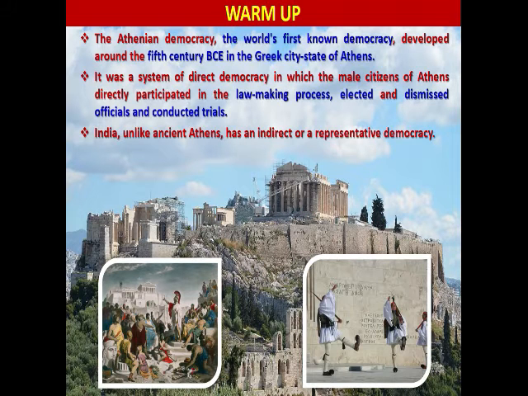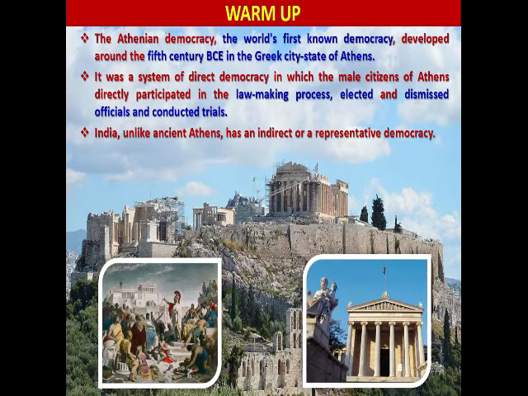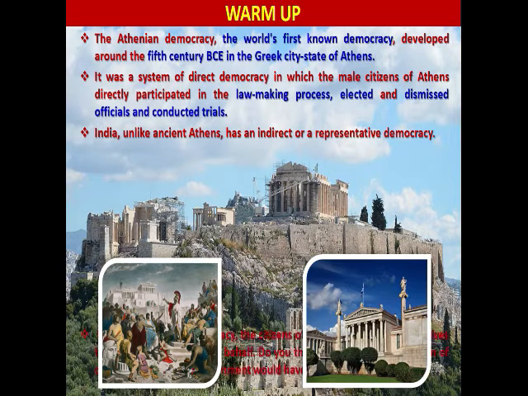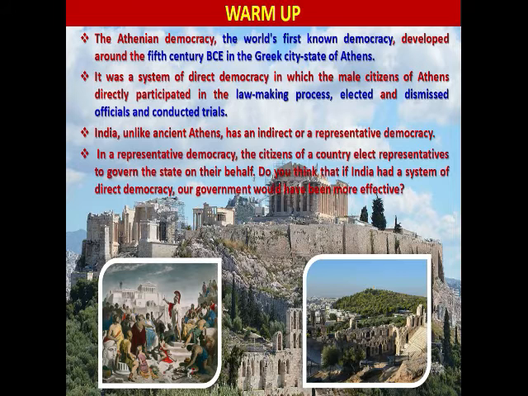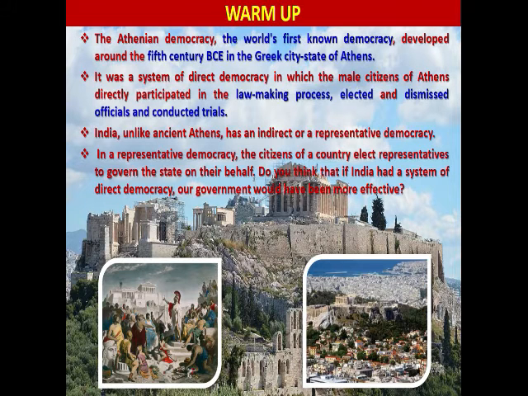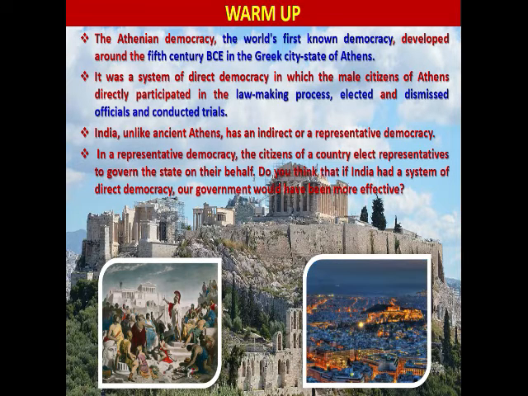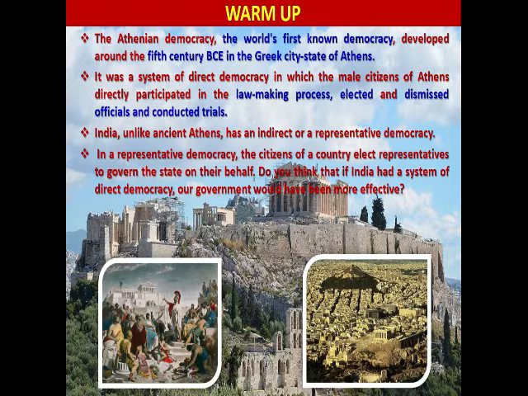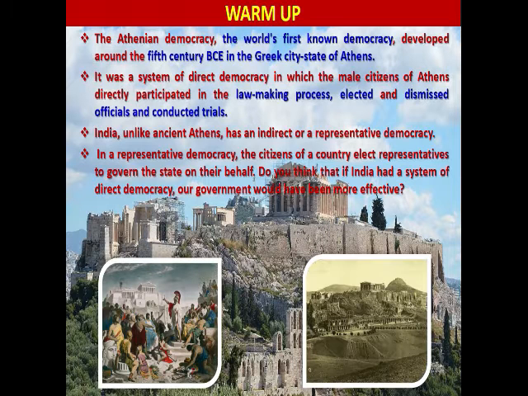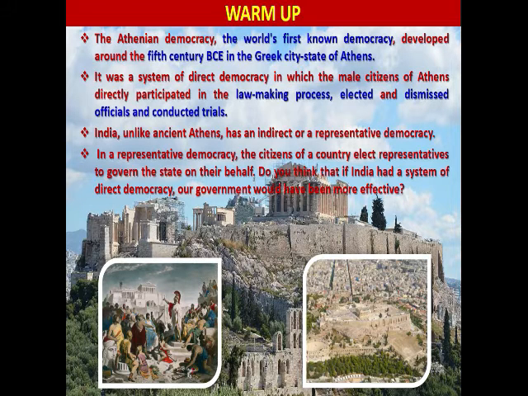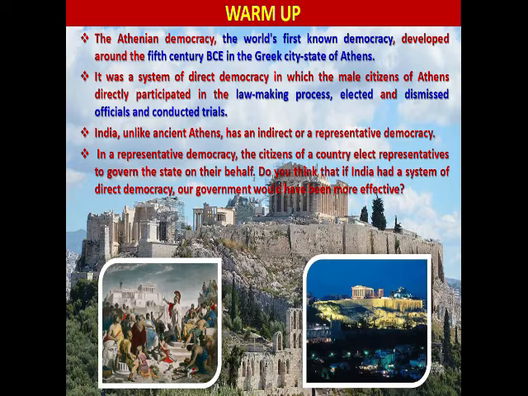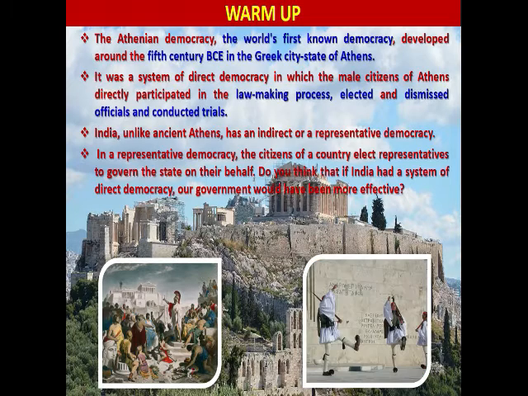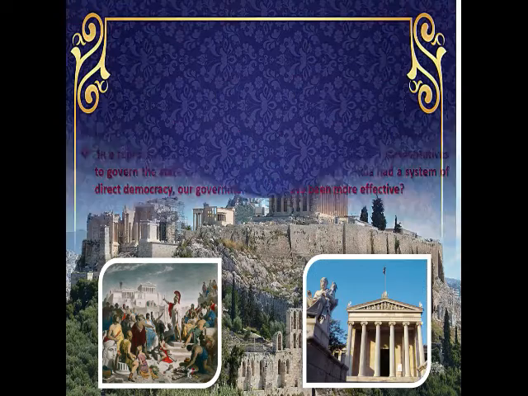India, unlike ancient Athens, has an indirect or representative democracy. In a representative democracy, the citizens of a country elect representatives to govern the state on their behalf. Do you think that if India had a system of direct democracy, our government would have been more effective? Let's think about it.